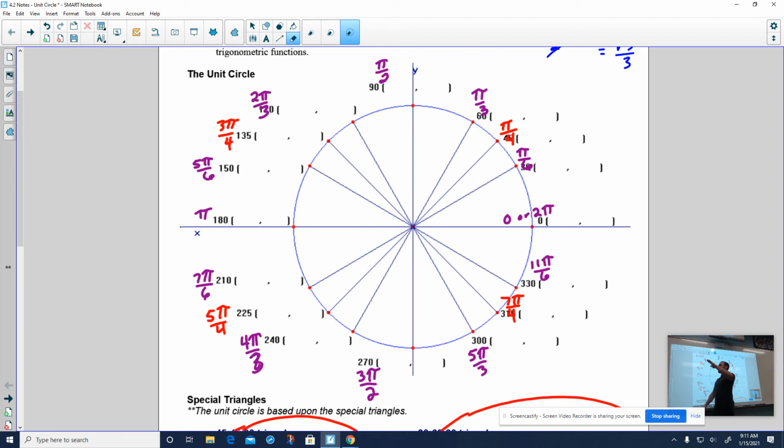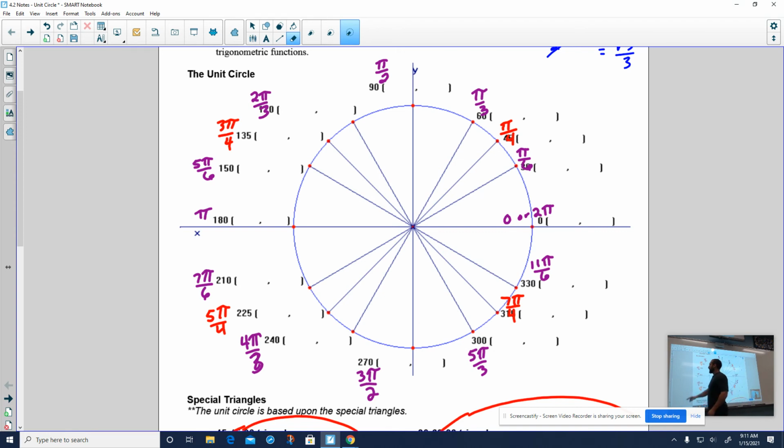And then you can create that 30, 60, 90 triangle in your head at 150 degrees, and you'll know that negative square root of 3 over 2 is the x value and 1/2 is the y value.